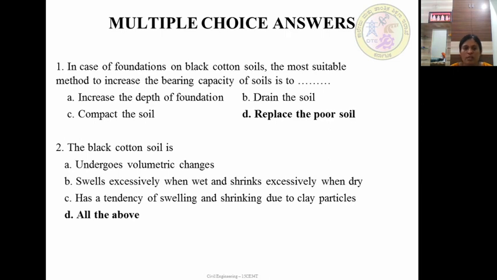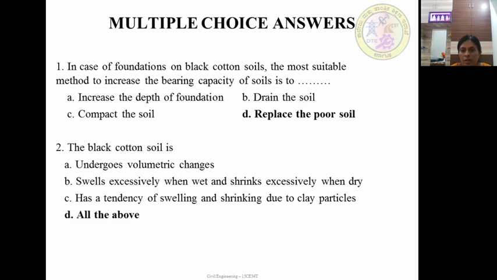Second question: the black cotton soil undergoes volumetric change. One option: swells excessively when wet and shrinks excessively when dry. Another: has a tendency of swelling and shrinkage due to clay particles. The last option: all the above.